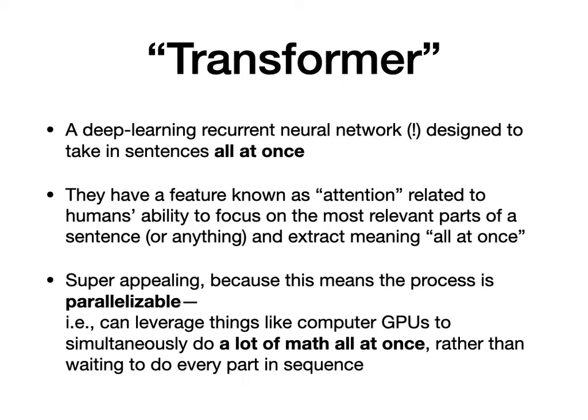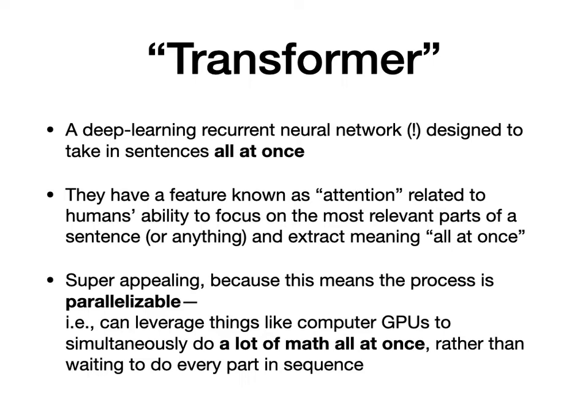So first, what's this transformer idea? This is all based on the transformer that came out, another language processing tool. It is a deep learning, recurrent neural network that's designed to take in sentences all at once. They have this feature, which you also have. We can refer to it in the same context as attention.